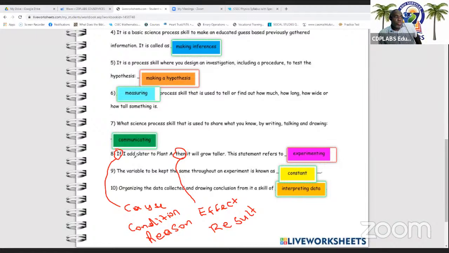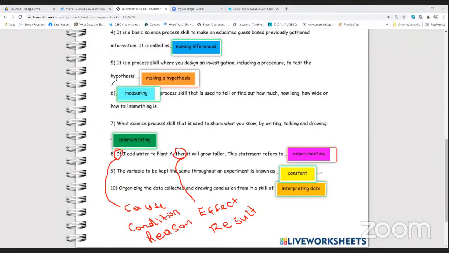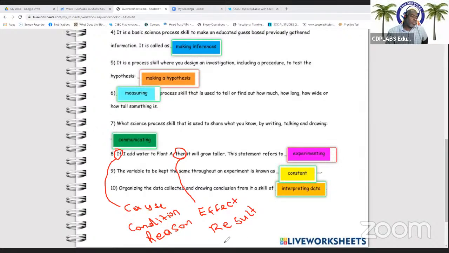What is actually observed. So this is where the observation is.